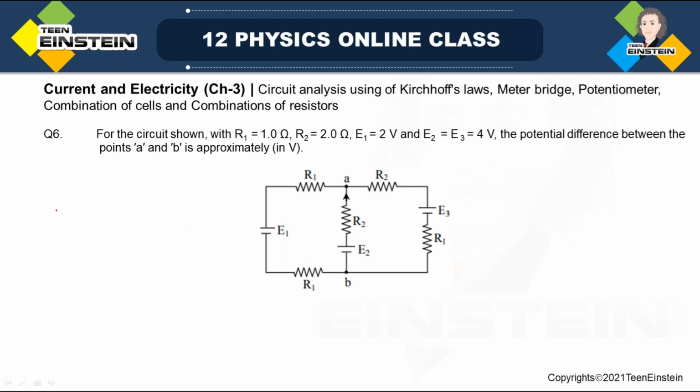So options are A is 2.7 in ampere. B is given as 2.3. C is given as 3.7, and D is given as 3.3.